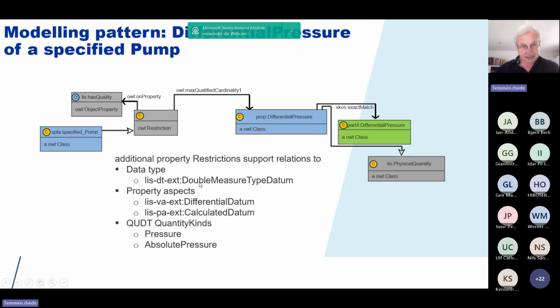We have related it to double measurement type datum, and we have object properties aspect. It is a differential datum, and it's a calculated datum, and the relation on this level is that for every instance of the class, we use the relation to QDT. It is pressure and it is absolute pressure.